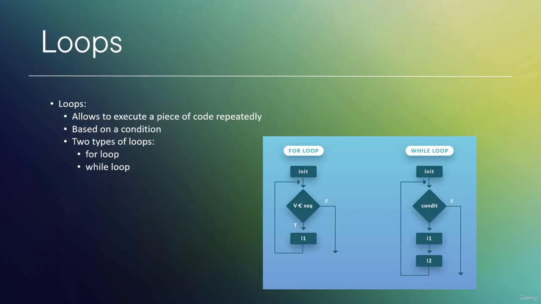It performs some operation I1, performs some other operation I2. That is the end of the code in the code block. It goes back, it checks the condition. If it is still true, it again performs the operations I1 and I2, goes back, checks the condition. Until the condition becomes false, it will keep on doing this cycle. Once the condition becomes false, it will exit that piece of code and move on with the rest of the code.